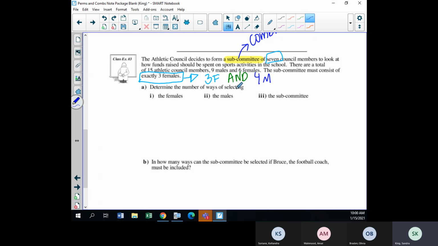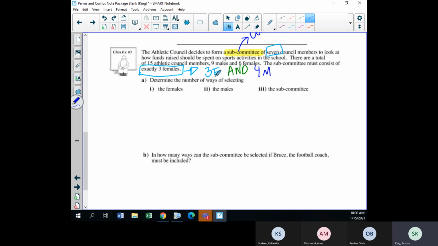Whenever we deal with committees, it's going to be a combination. First, the females. They want 3 females. How many females were there to choose from? 6. So we are choosing 3 of 6. If you type 6 choose 3 on your calculator, you get 20.